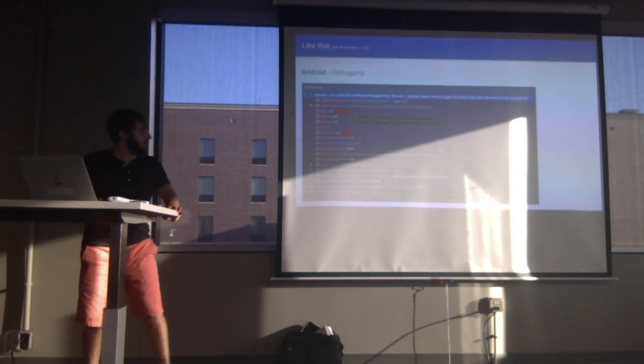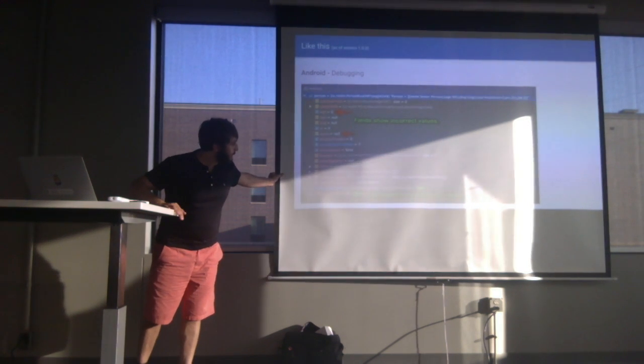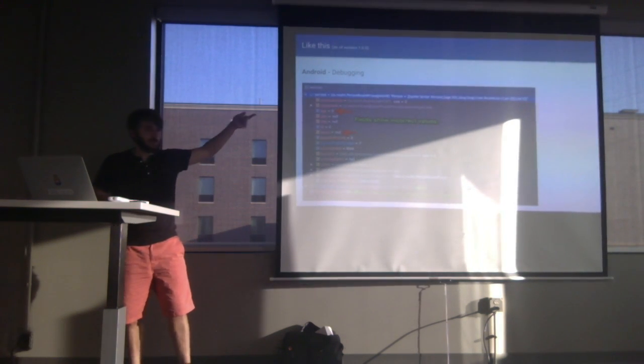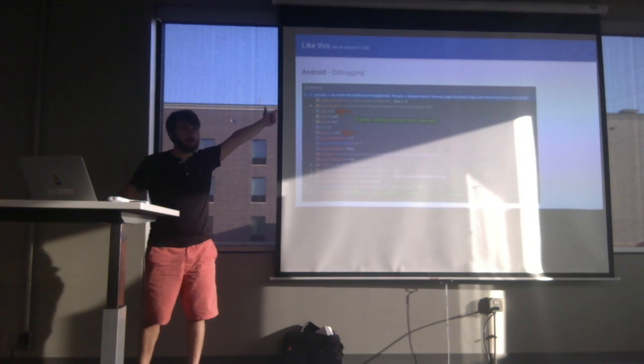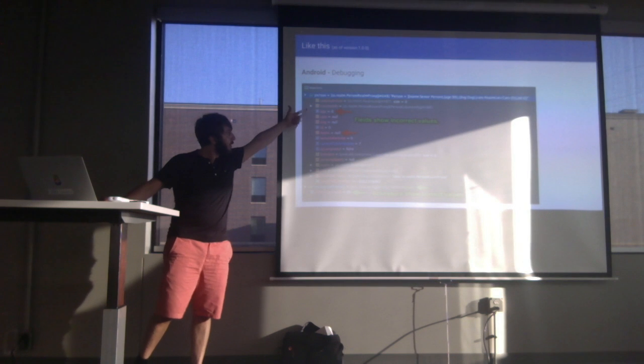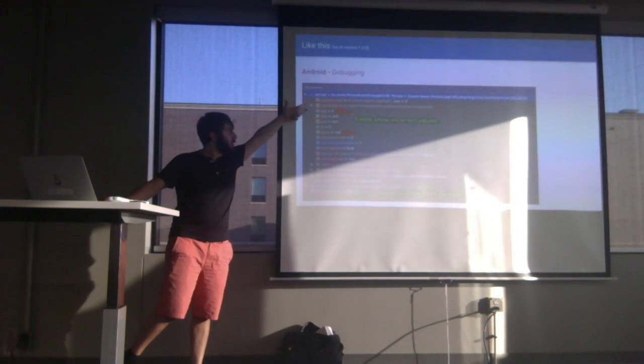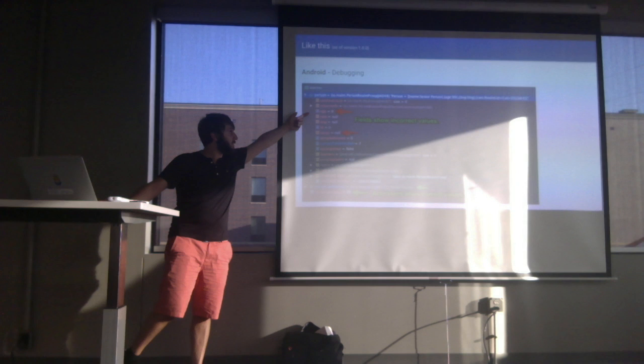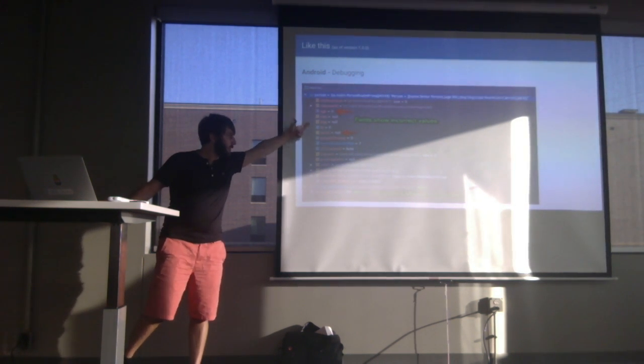Debugging, this is another thing that comes up. Let's say you have a person object here, you put a breakpoint, you open your debugger, you put a watch on person. When you look at the values here, all you're going to see is default values. If it's an integer, it's going to be 0. If it's an object type, it's going to be null. You're not going to see anything.